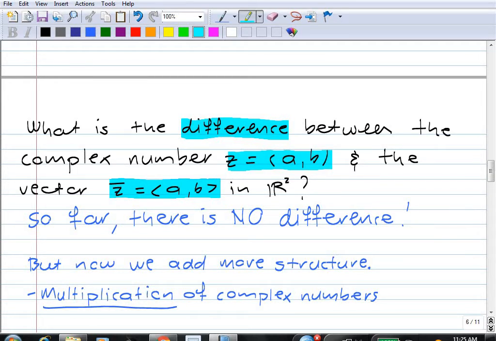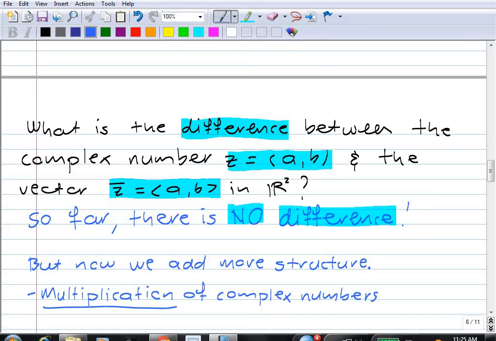For the complex number we have round brackets, and for the vector we have triangular brackets. But these are superficial differences. At heart, up to now, there's no real difference. But what we're going to do next is introduce more structure on the set of complex numbers, and that is where the difference comes in.